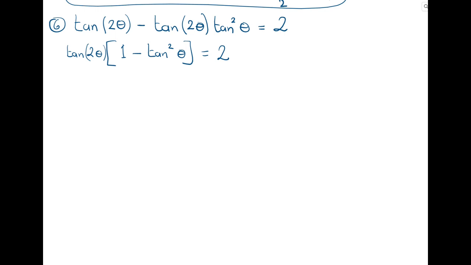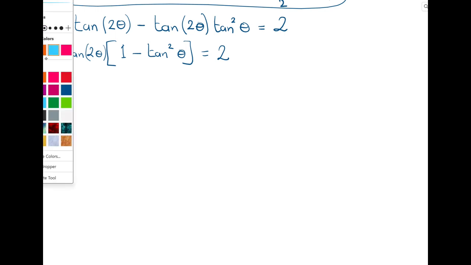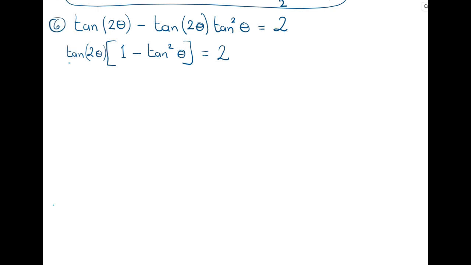But what I can do is, I have a double angle, and we know we don't want to keep that double angle, so I'm going to rewrite that using the double angle formula for tangent, and we need to know those. Did I ever mention you have to memorize those identities? 2 tangent theta over 1 minus tangent squared theta.